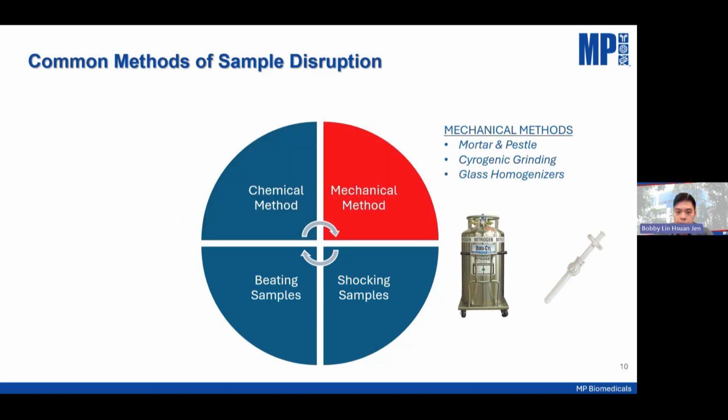The mechanical method, which we also mentioned, includes the mortar and pestle, the cryogenic way of utilizing nitrogen to freeze the sample and smash it into pieces, and of course, the glass homogenizer, which uses pressurized force and tubes.